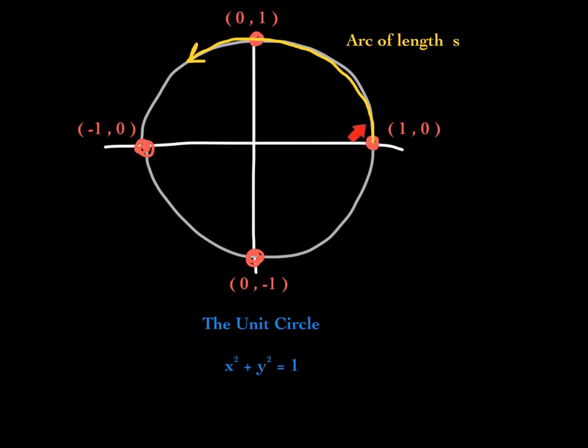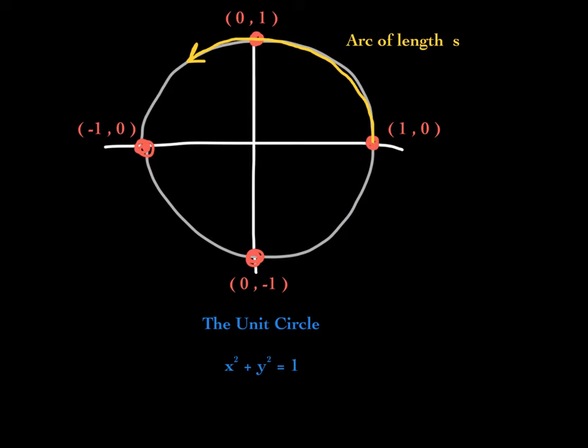If s, the length of the arc, is positive, then the arc is measured in a counterclockwise direction, like this one. If s happens to be negative, then the arc will be measured in a clockwise direction. If s is exactly 0, then no arc is measured at all.